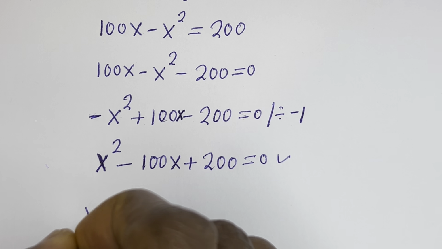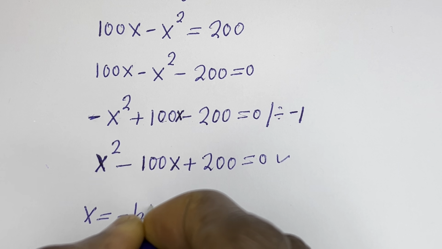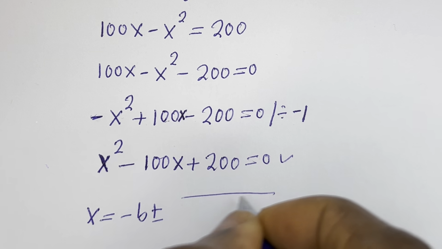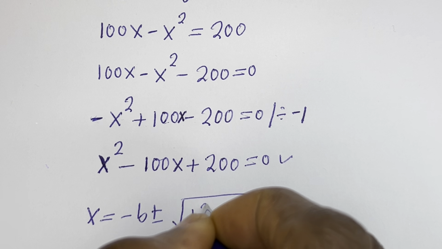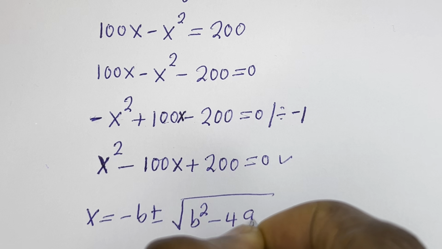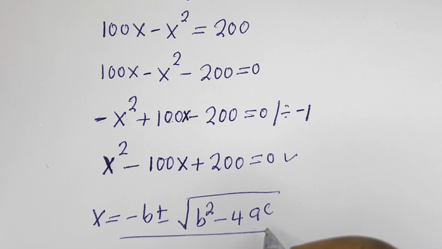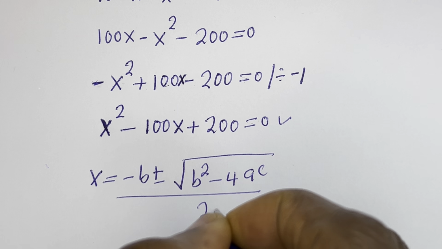Then x is equal to minus b plus or minus square root of b squared minus 4ac over 2a.